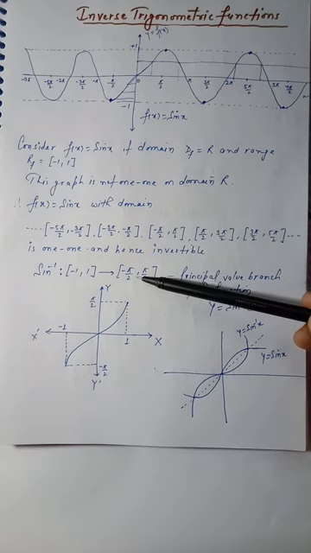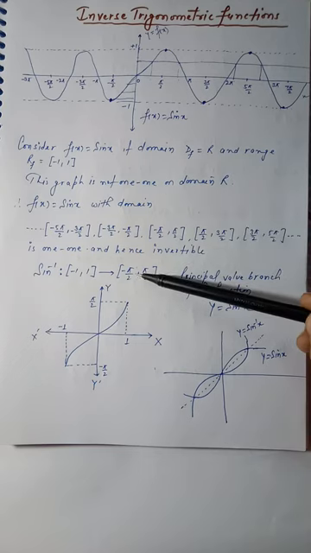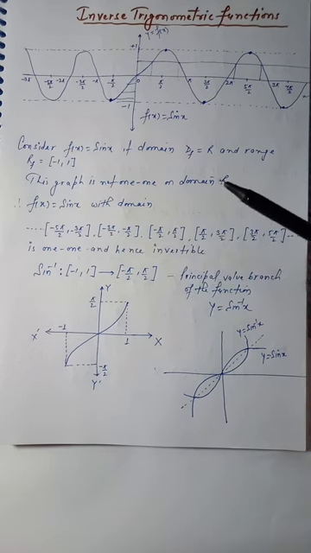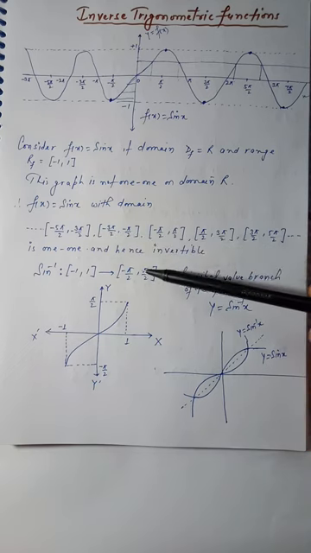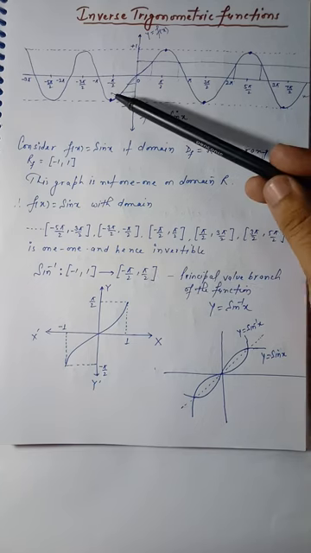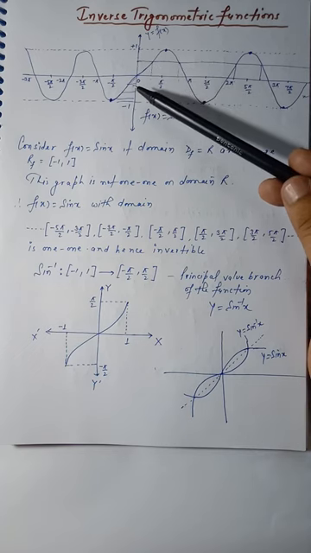So that's why in place of the range we will take these intervals. Here we may write any interval, this one, this one, this one, or this one. Please note one thing: for different intervals we get a different branch of the inverse function. It means there are infinitely many inverse functions.